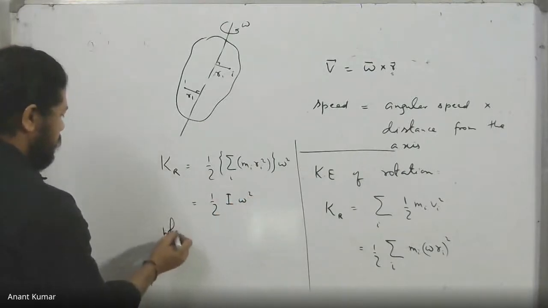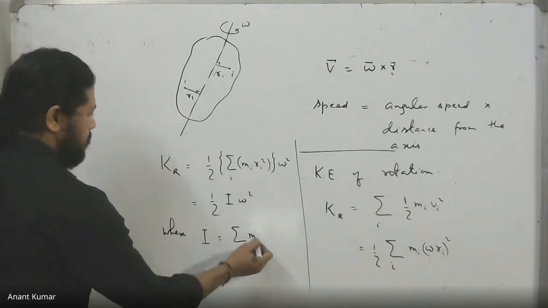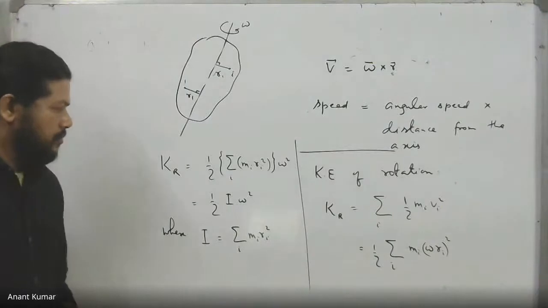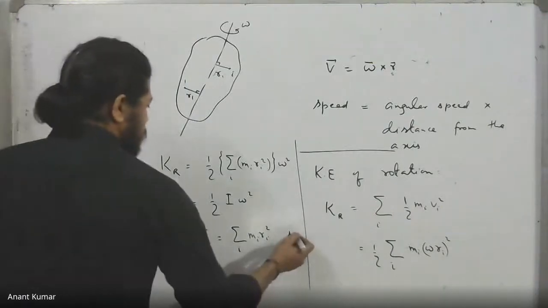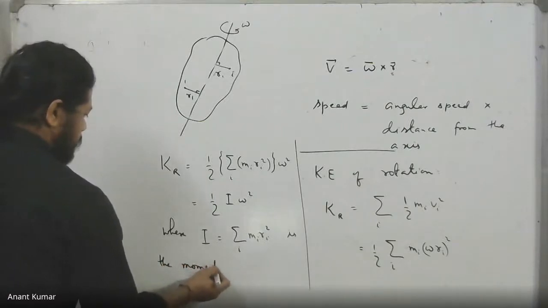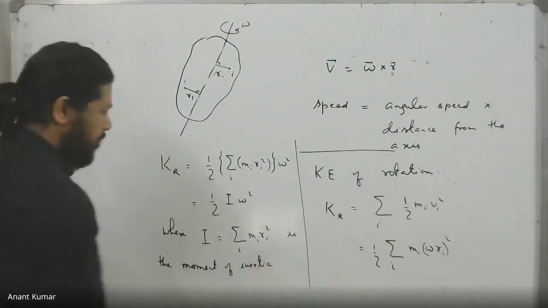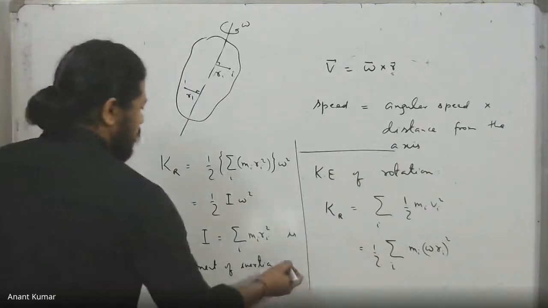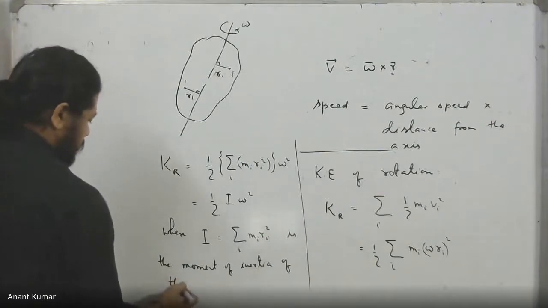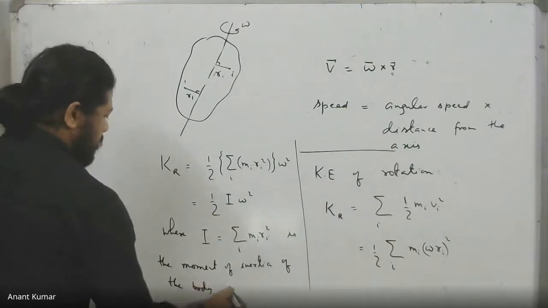where you get this. This is the moment of inertia of the rigid body about the given axis.